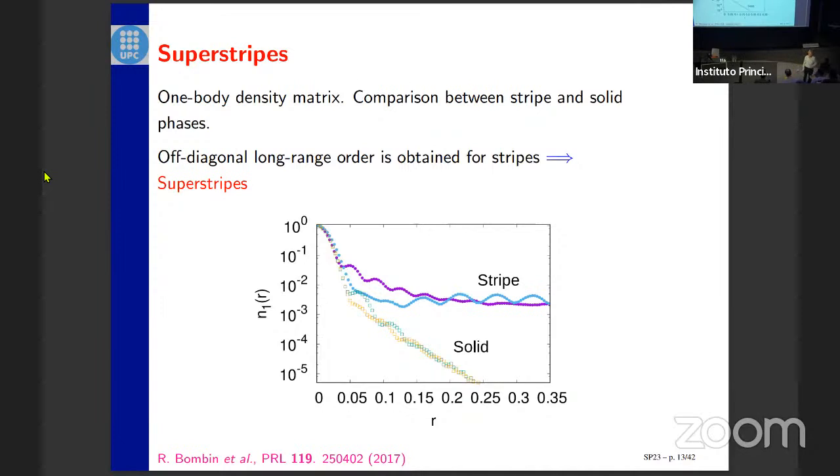So there is one direction in which you don't feel this, but along the other directions, you have spatial order that extends to infinity. This is one property. And the second property is that you have superfluid density or off-diagonal long range order. So if you fulfill these two quantities, then for me, this is a super solid. I prefer to say here super stripe because it's a question of terminology.